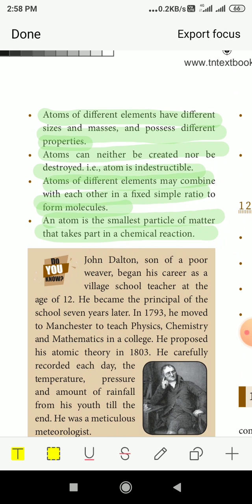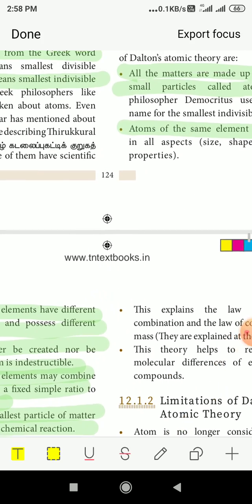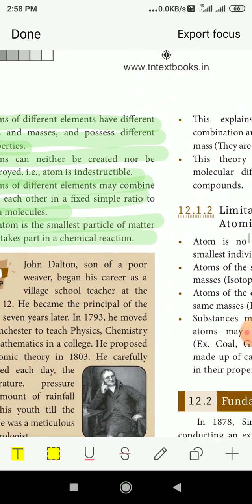Atoms can neither be created nor destroyed. Atoms combine in a fixed ratio to form molecules. An atom is the smallest particle of matter that takes part in a chemical reaction. These are the postulates told by Dalton.